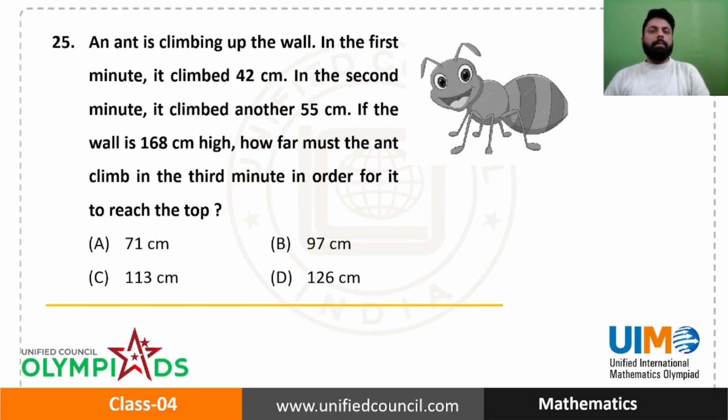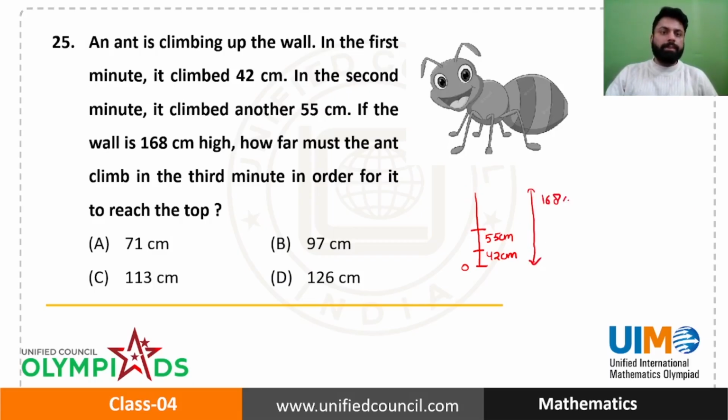An ant is climbing up the wall. In the first minute, it climbed 42 centimeters. In the second minute, another 55 centimeters. If the total height of the wall is 168 centimeters, how far must the ant climb in the third minute in order to reach the top?